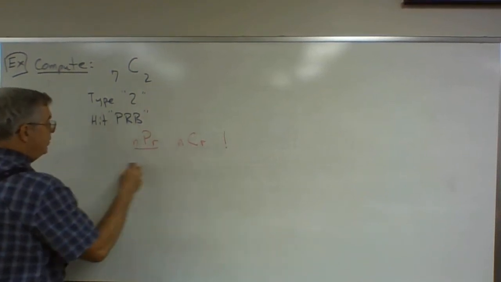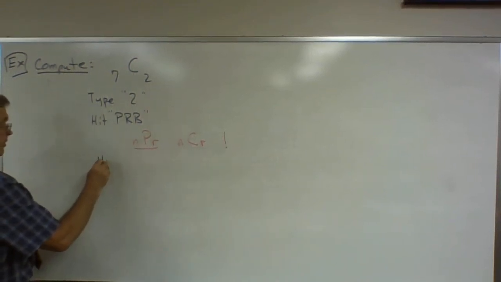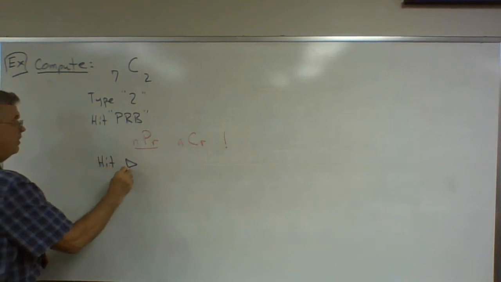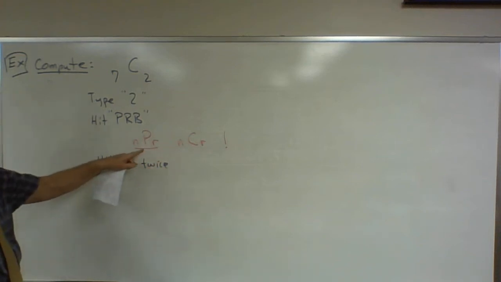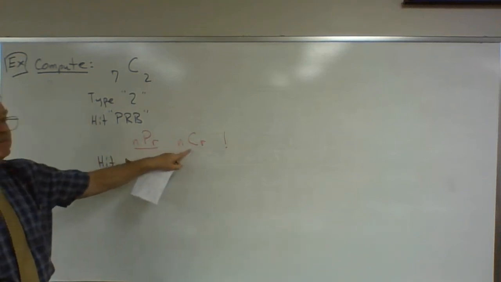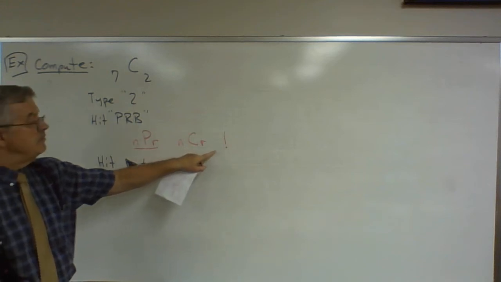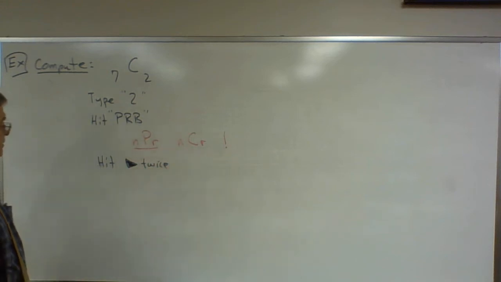We want factorial, so we'll hit the right arrow key twice to move the underscore from NPR to NCR to factorial.